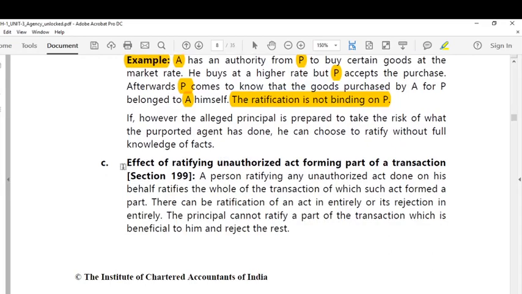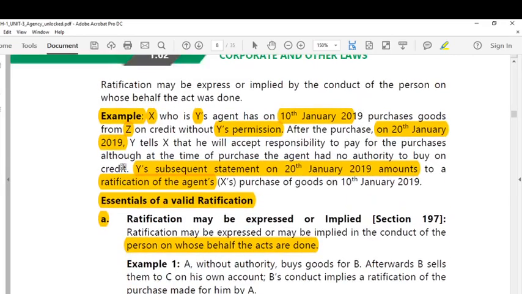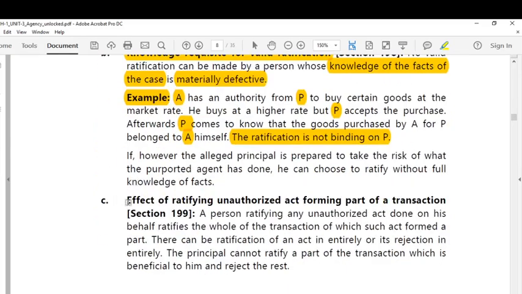And the third essential of ratification is the effect of ratifying unauthorized acts forming part of a transaction.